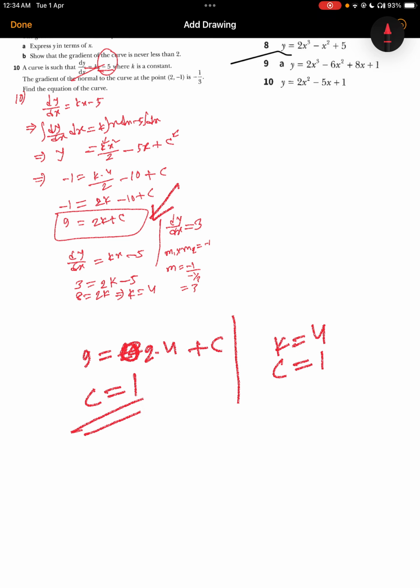So find the equation of the curve: y is needed here. Putting k as 4, 4x squared divided by 2, minus 5x, plus c is 1. So y = 2x squared - 5x + 1, which is the answer.